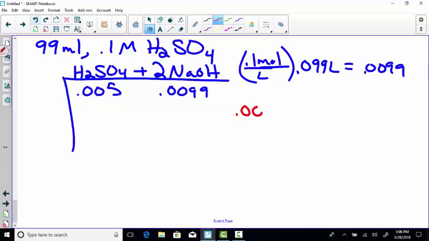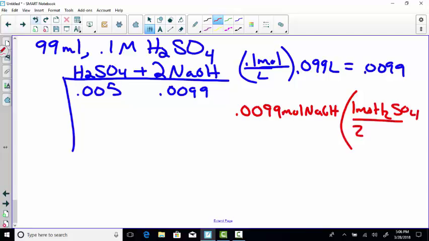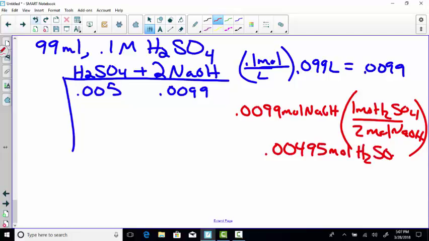So 0.0099 moles of NaOH times my 1 mole of H2SO4 to 2 moles of NaOH. And that is going to come out to be 0.00495 moles of H2SO4.